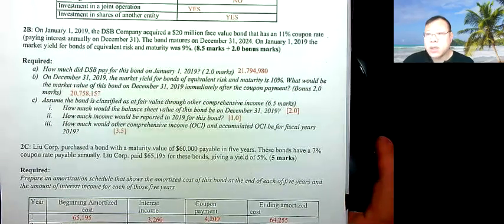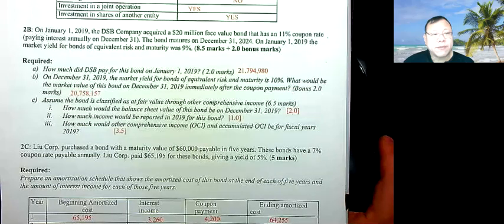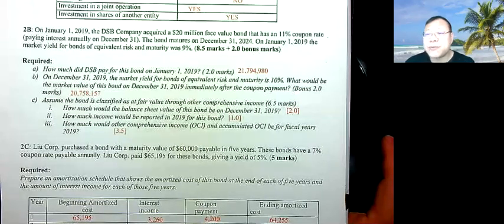Required, first one: how much did DSB pay for this bond on January 1st, 2019? B, on December 31st, the market yield for the bond of equivalent risk and maturity has increased from 9% to 10%. What would be the market value of this bond on December 31st, 2019, immediately after the coupon payment?